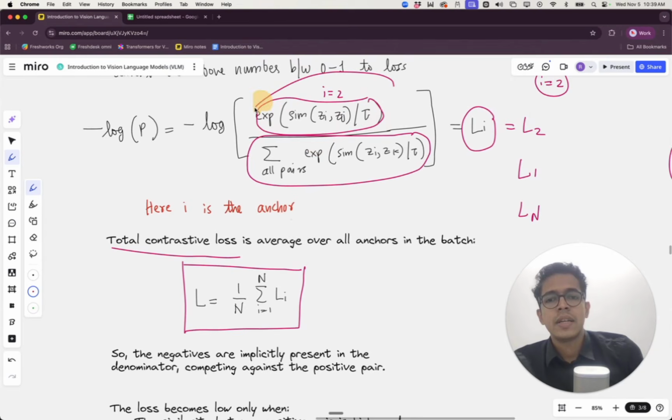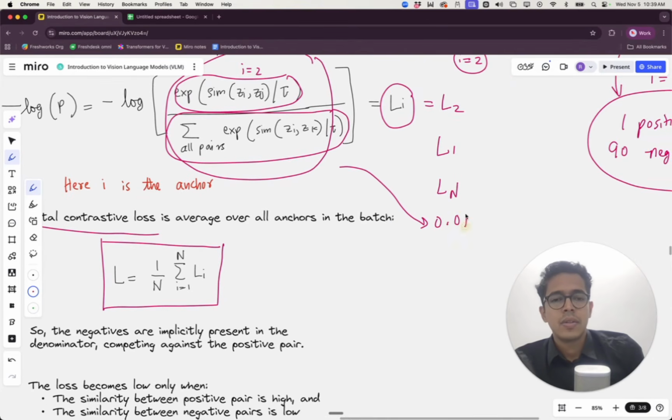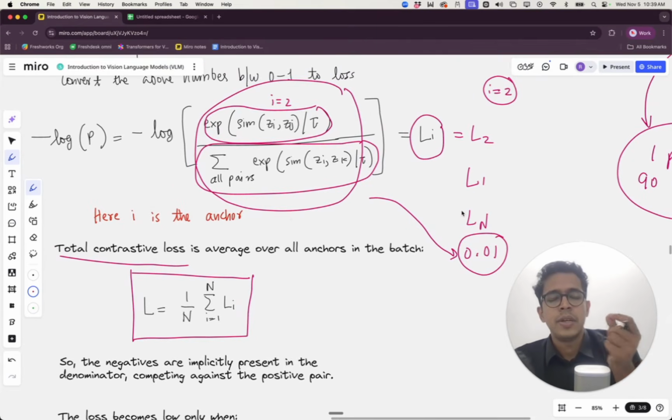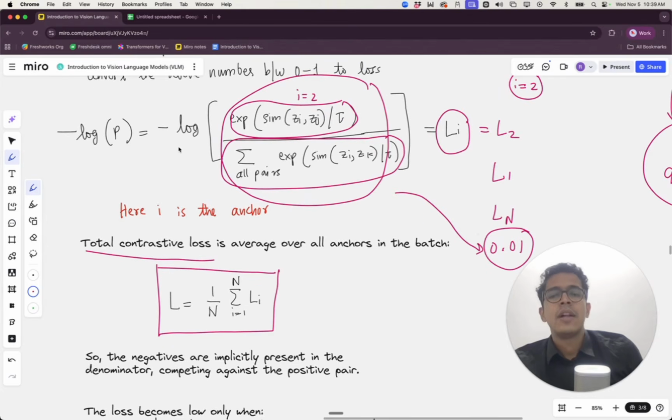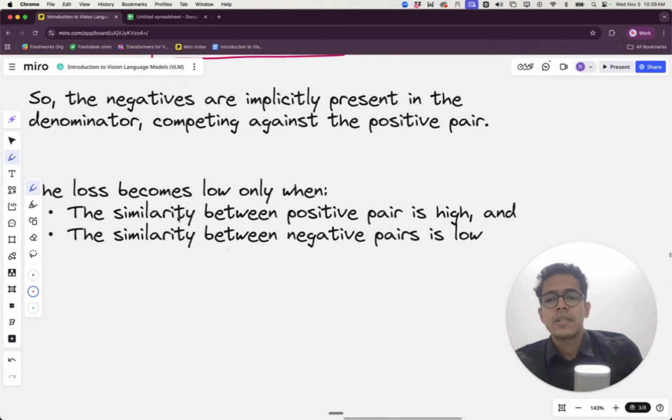So overall this number should be a small positive number, like let's say 0.01. So softmax probability score between two dissimilar pairs will be a low number. And if you take the negative logarithm of a low number, you will get a high positive number. Which means the loss Li will be a high number for those negative pairs. So this is how the loss is constructed.